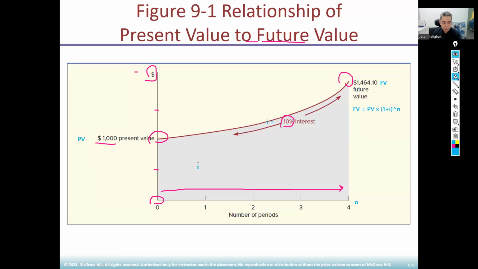And then if I want to get the present value, it's actually the future value multiplied by, this is where I need to type it in, 1 over 1 plus I to the nth power, right?